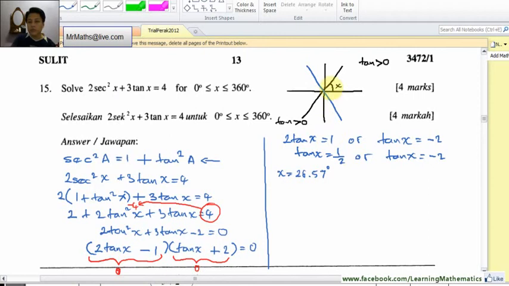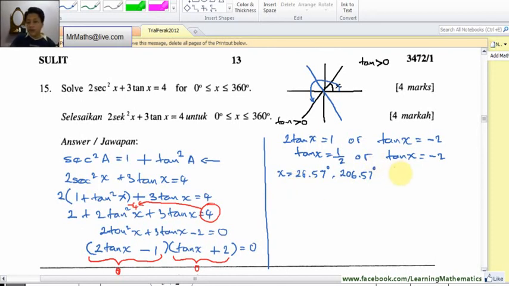Or, you see, that is the first quadrant. What about the third quadrant? So we want to find out this. That is equal to 180 plus 26.57. So that is equal to 206.57 degrees, right? That is 180 plus 26.57.